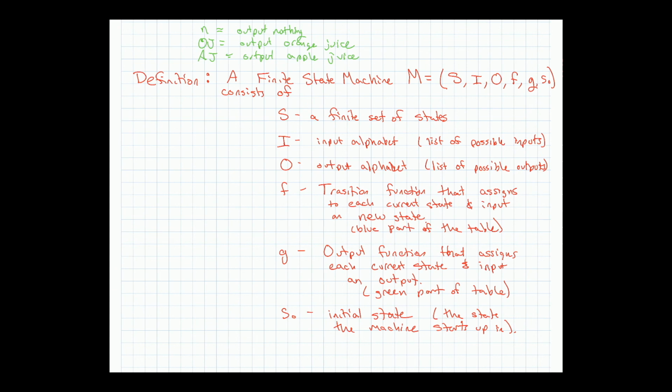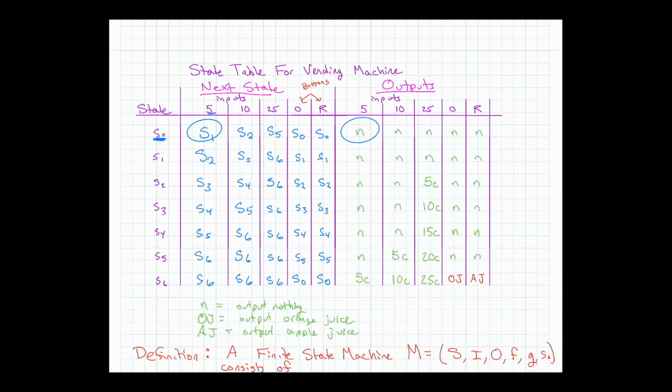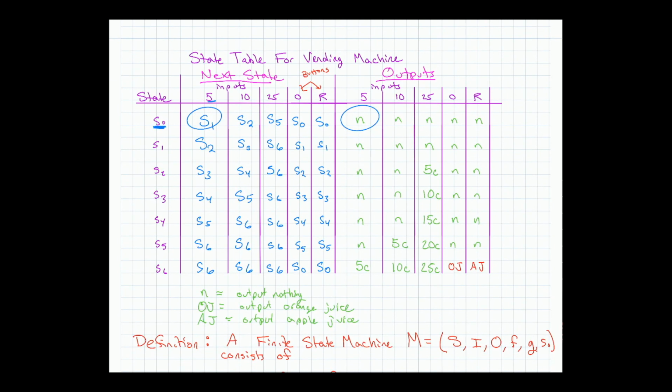And we actually did it up here, just by, we have an initial state S0, we have all the state transitions. So we have F right here, we have G right here.